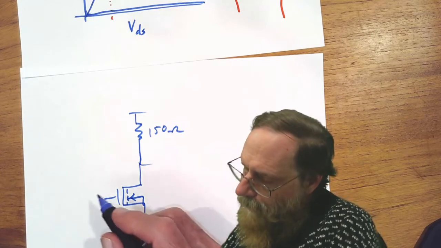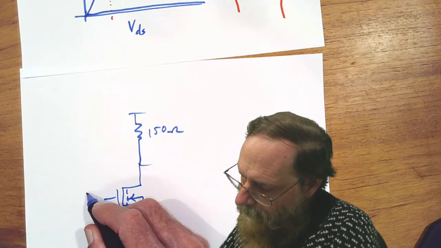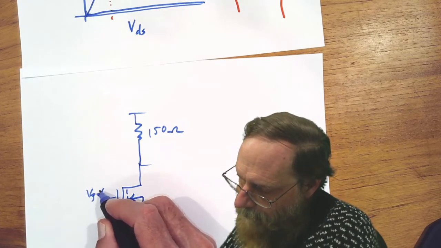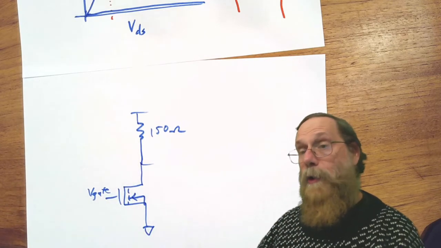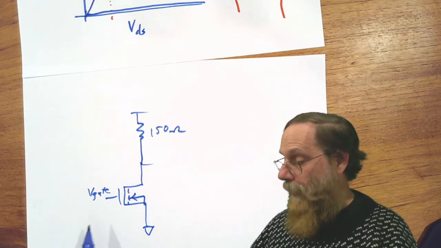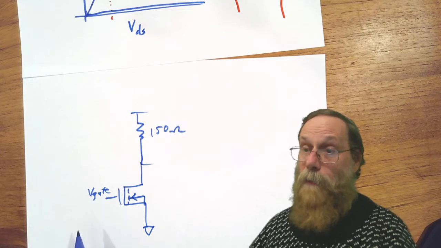And then I put a gate voltage here that I could control with the Analog Discovery 2.